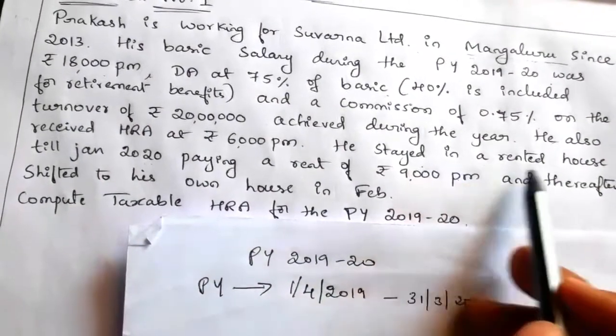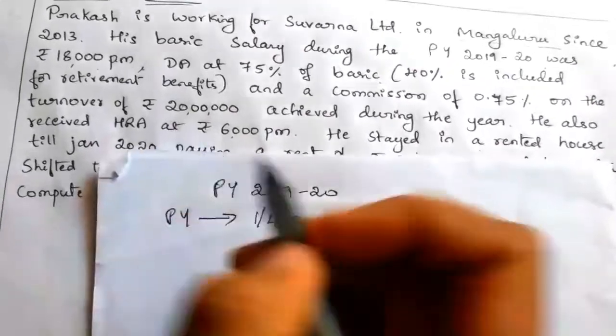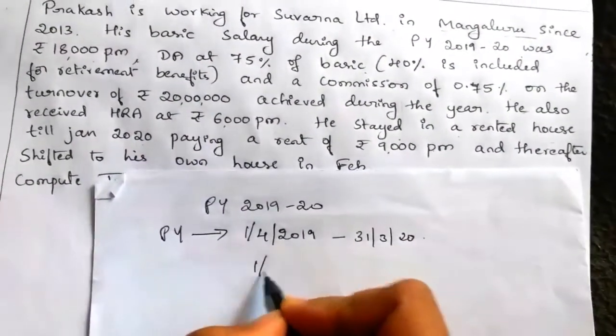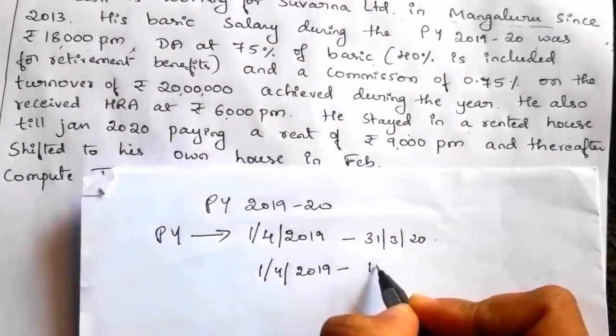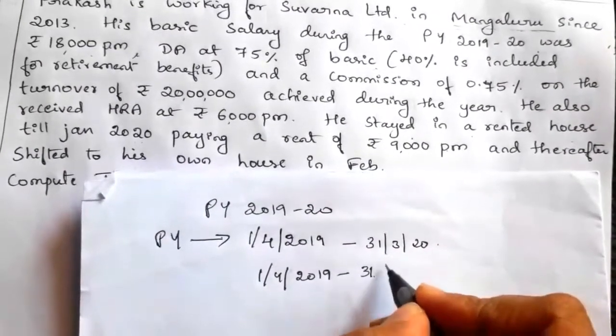So in the previous year, he stayed in a rented house till Jan 2020. Till Jan 2020 means from the 1st April 2019 till Jan, and we have to include Jan, assuming the whole month.